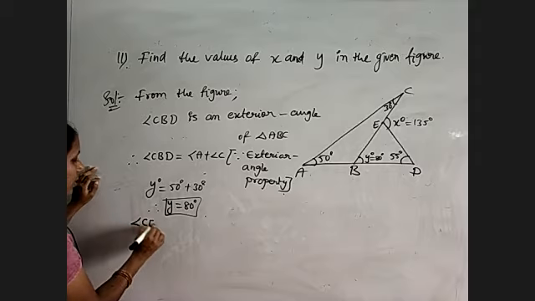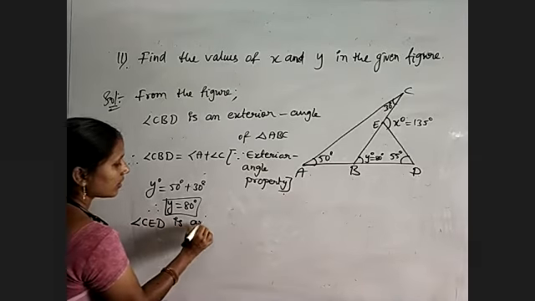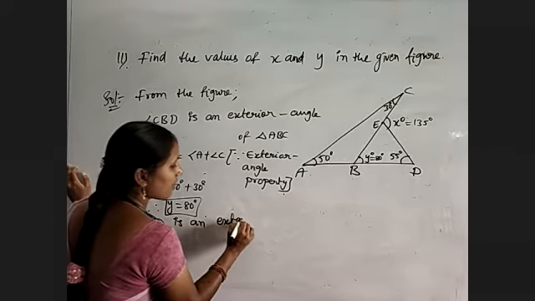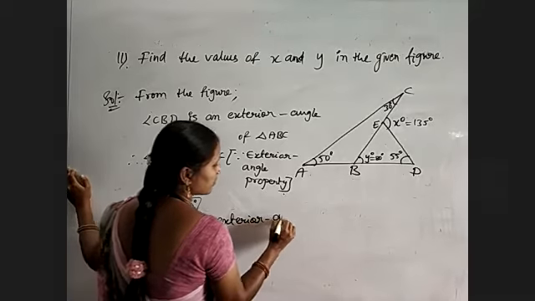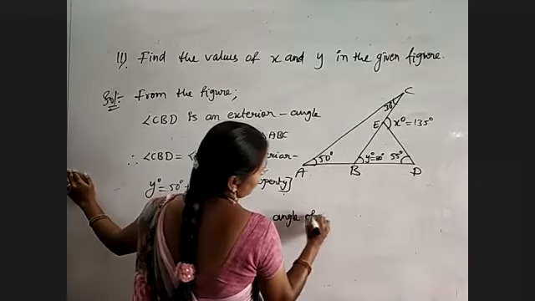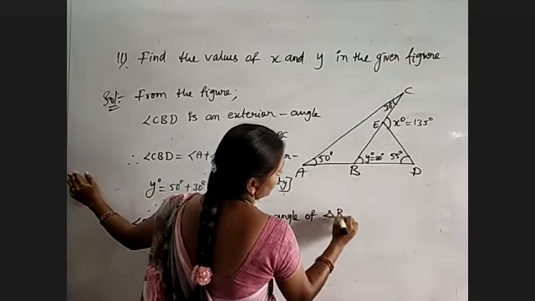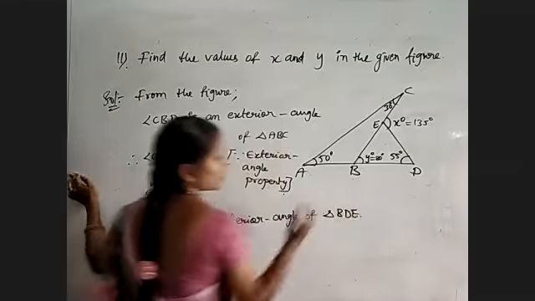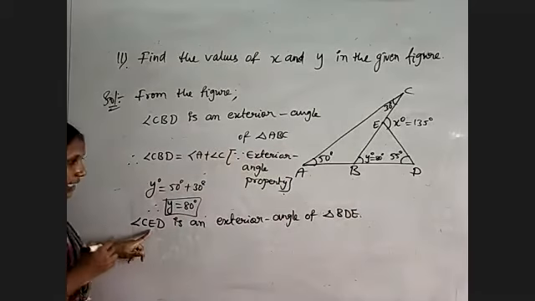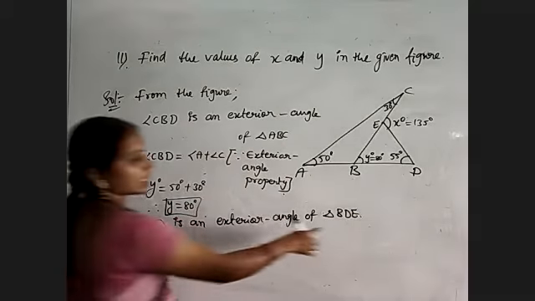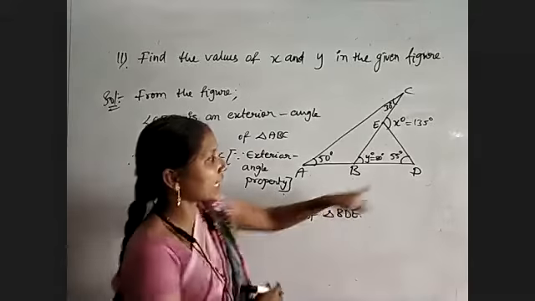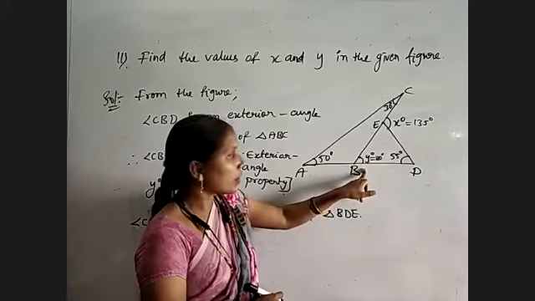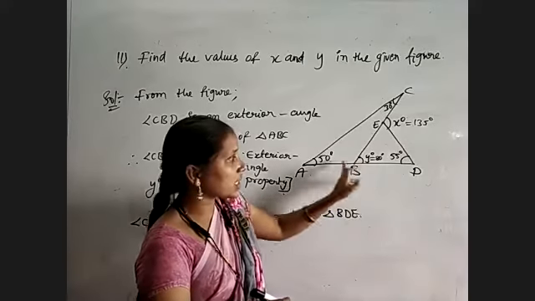That's all. So angle CED is an exterior angle of triangle BDE. So it is at E. The sum of the two opposite angles is angle B plus angle D. But directly we can't write angle B because here at B it is divided into two parts.